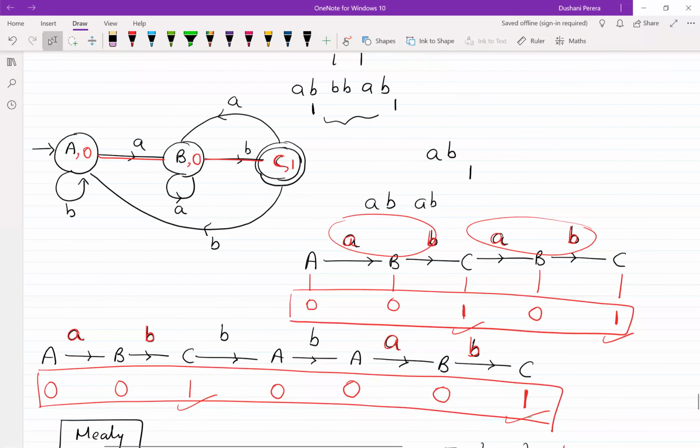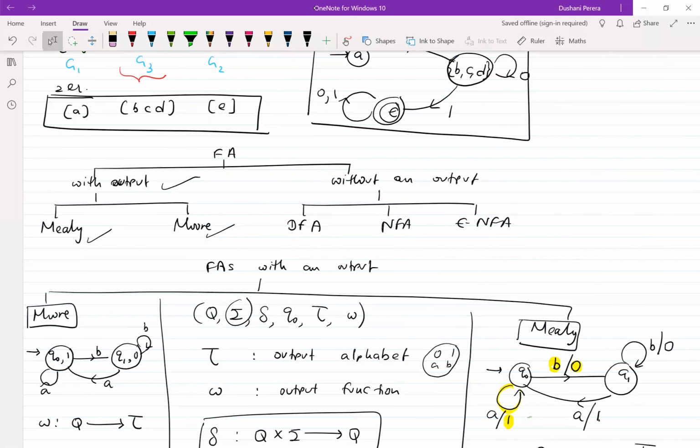So the very first set that we spoke of were the ones that do not have an output. There we spoke of these three, and we performed conversions between them. We converted NFA to a DFA, and we converted epsilon NFA to a DFA. So that was the ones that do not have an output.